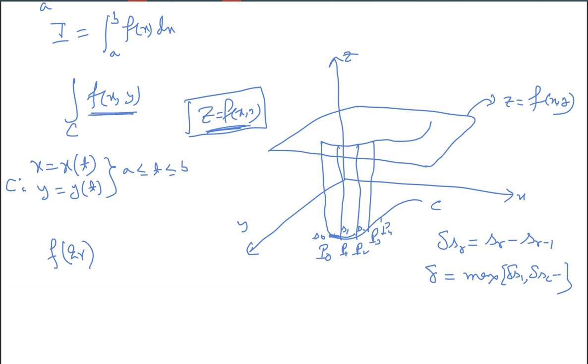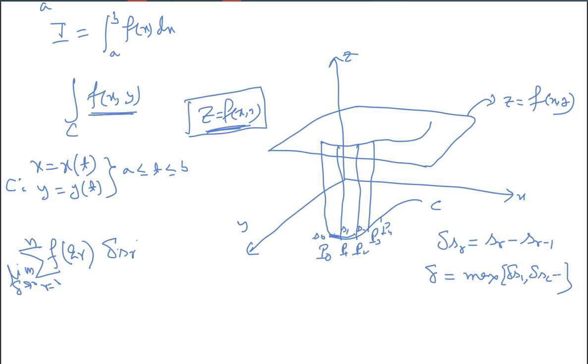Xi is a point in between P0 and P1, some point. f of xi into delta S_r, and here you take the summation from r equal to 1 to n, and the limit delta tends to 0.